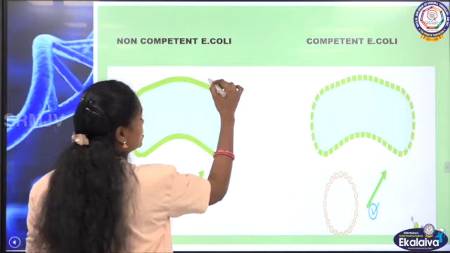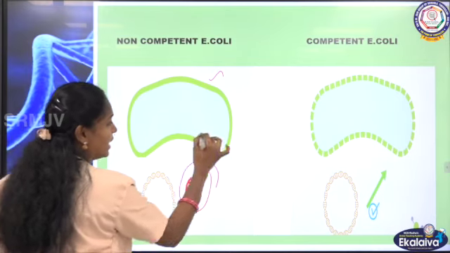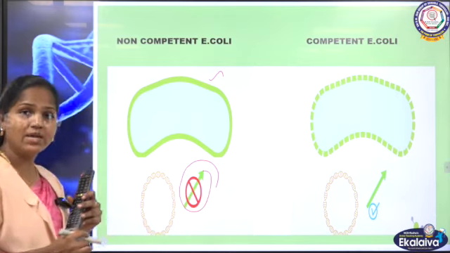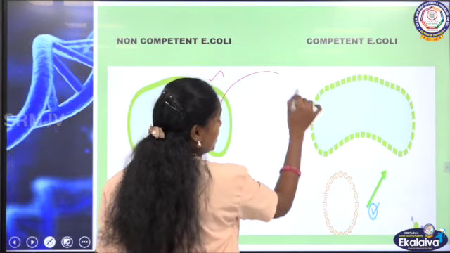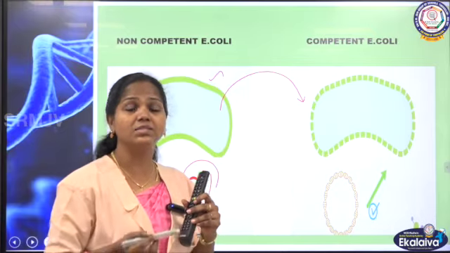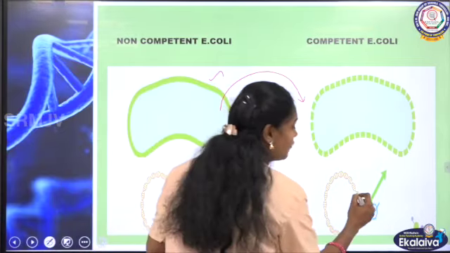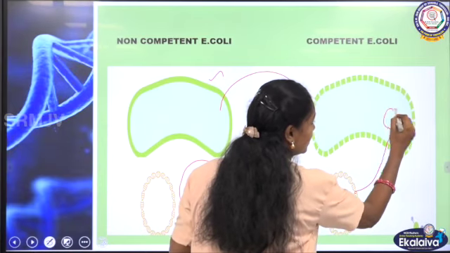This is non-competent, which is not going to allow our rDNA to enter this E. coli cell. And this is the same E. coli cell, made competent by some methods so that it is easy for our rDNA to get entry into our host cell.